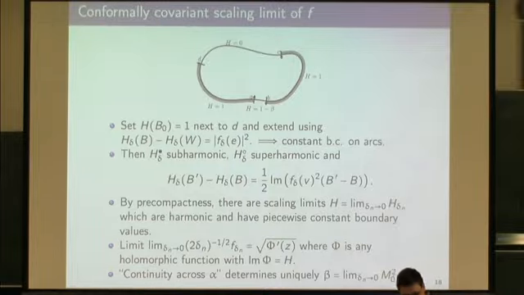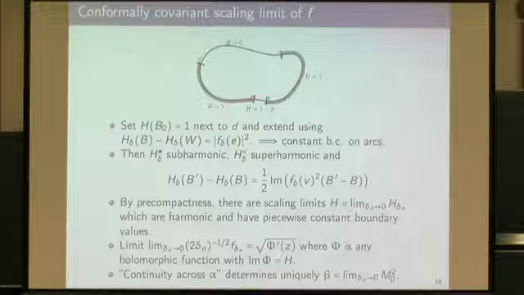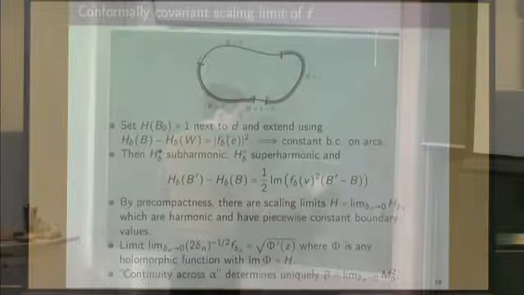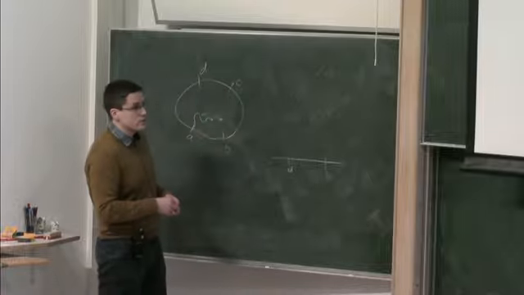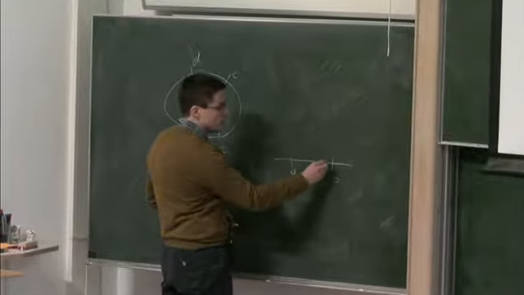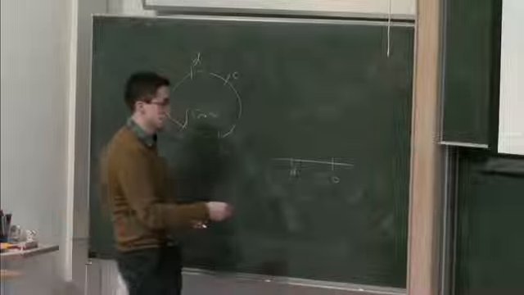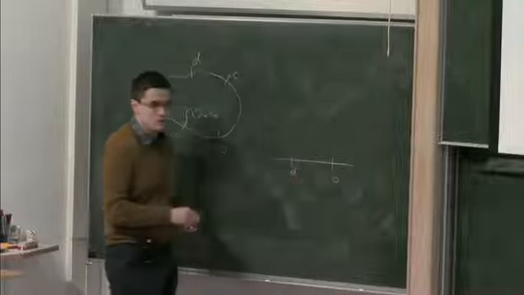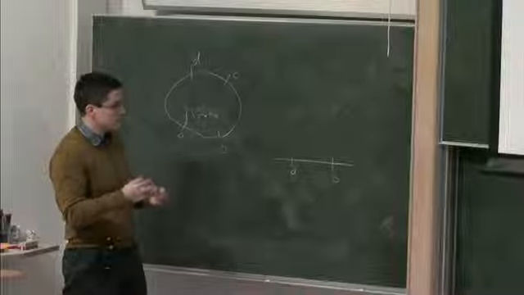And one way to see this is that if you come with a certain winding close to B, you have this phase factor, say eta, there.